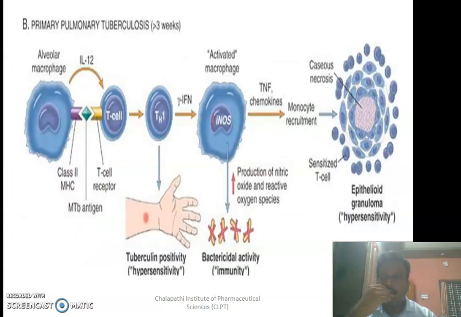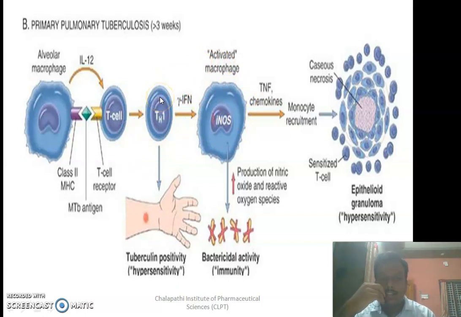After that, these alveolar macrophages release cytokines such as interleukin 12 and send a message to the T cells to kill this Mycobacterium tuberculosis. These T cells, especially Th1 T helper cells, release a number of cytokines in order to kill the bacteria.